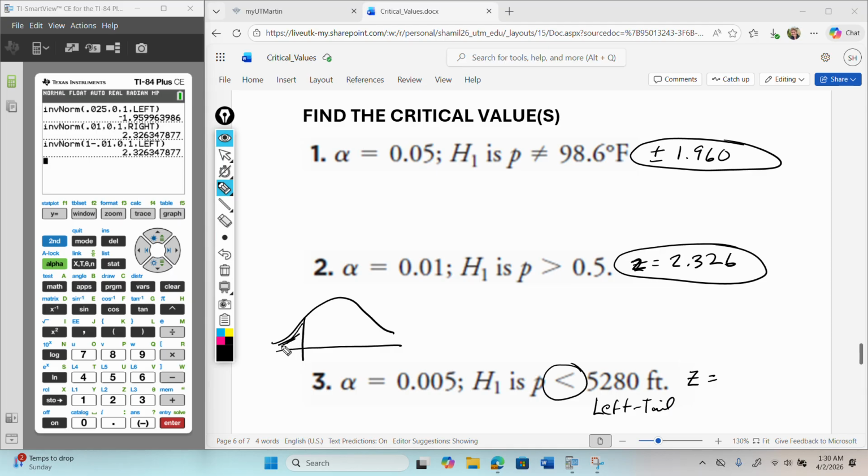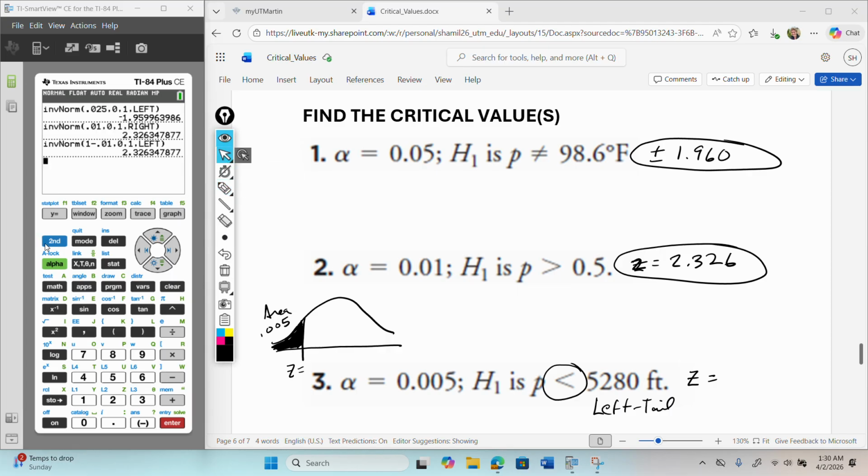All of the rejection region is in the left tail, and alpha is the total area in the rejection region. And here we're going to have 0.005. So again, I'm going to get that z-score.